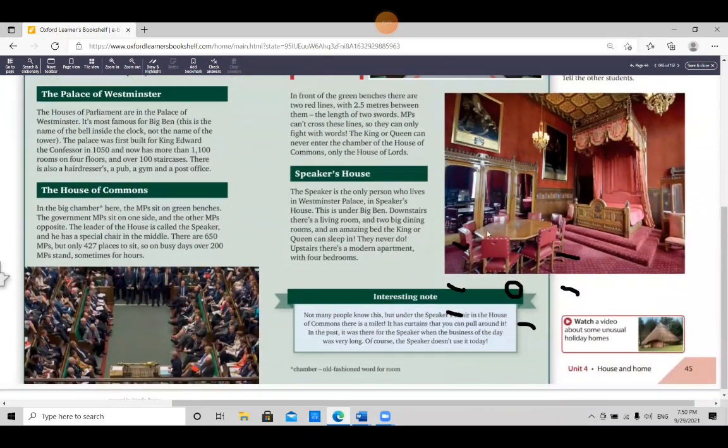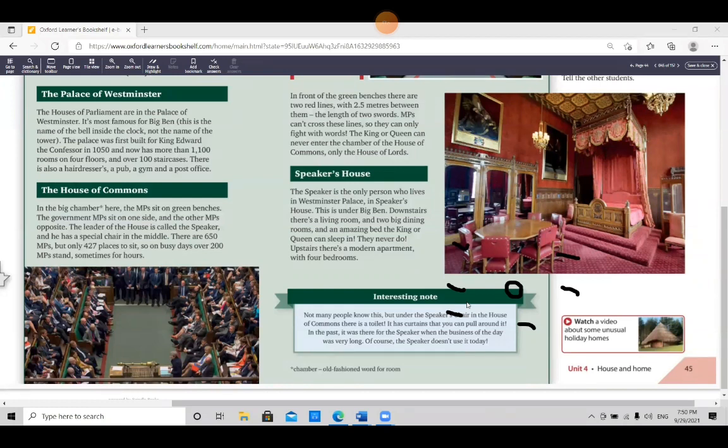Now Speaker's House. The speaker is the only person who lives in Westminster Palace, in the Speaker's House. This is under Big Ben.